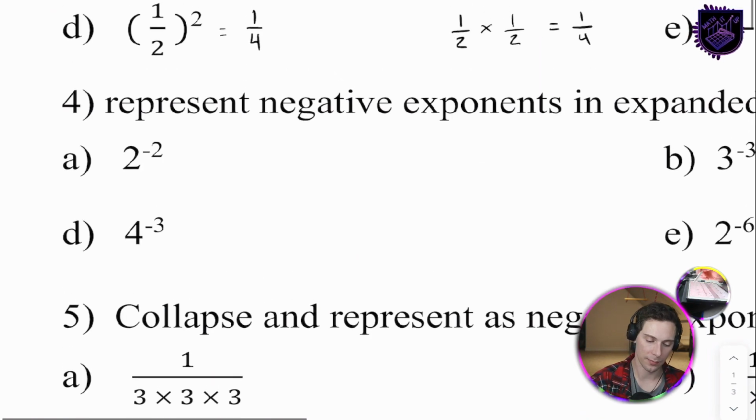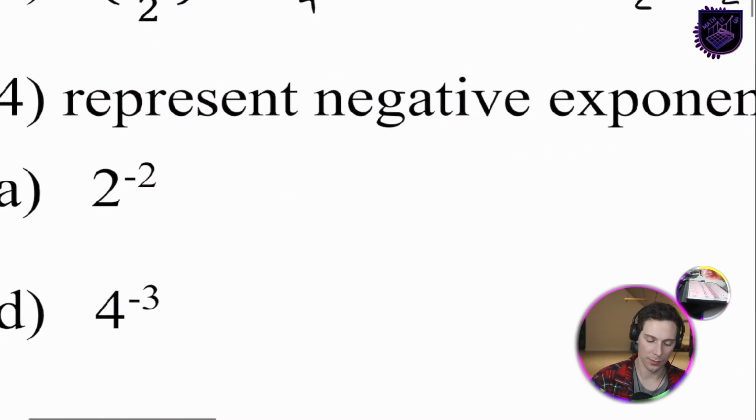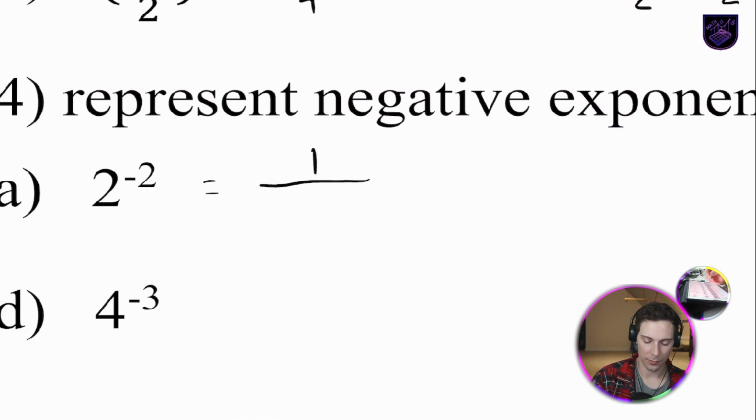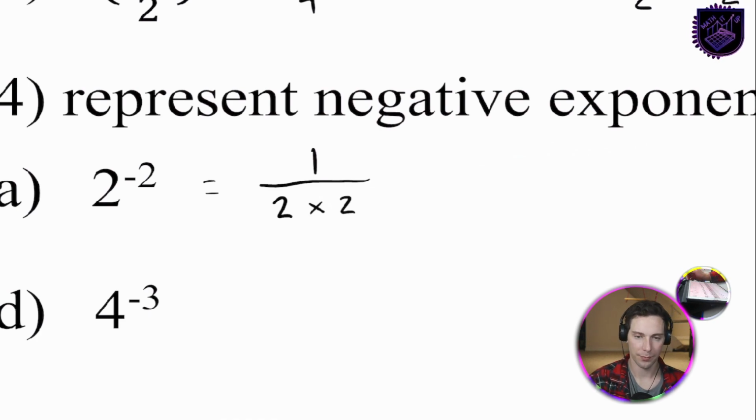So what I want you to do is write it out. Don't solve it, just write it out. So 1 is our numerator, and our denominator is going to be 2 times 2. Simple as that. That's your answer.